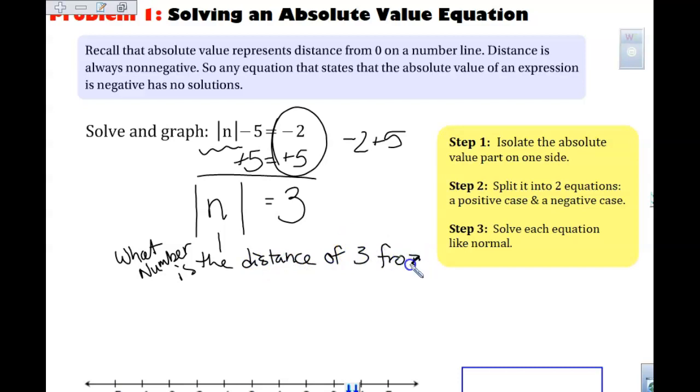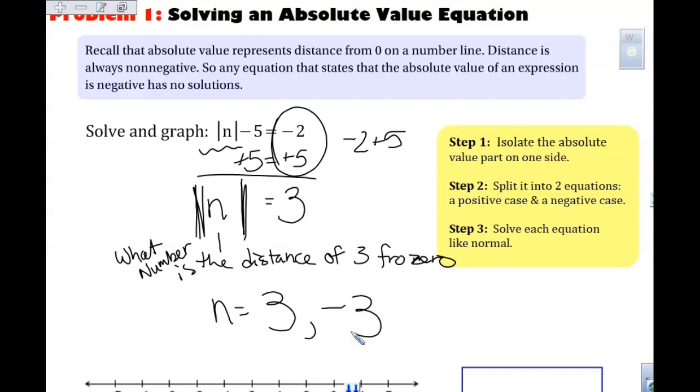That's what you're asking. That's what these 2 lines mean to you. They mean, give me 2 numbers that are a distance of 3 from 0. So the easy one is n equals 3, which is 3 away. What's the other one on the other side of 0? It's also negative 3. So there's always 2 possible answers.